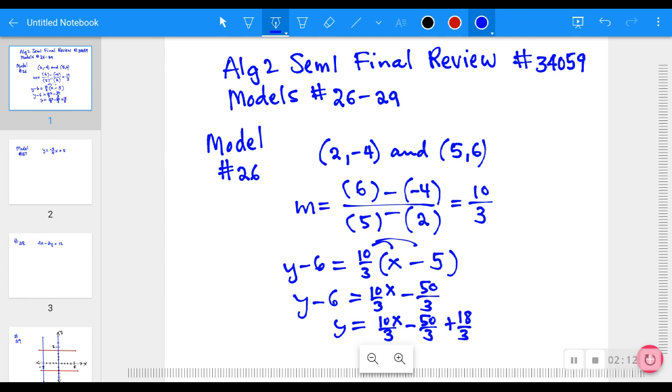But now you can see I've got common denominators. And finally, I'm just going to consolidate those last two. So I get 10/3 x minus 32 over 3. Okay, there's the point slope form of the line through 2, negative 4, and 5, 6.